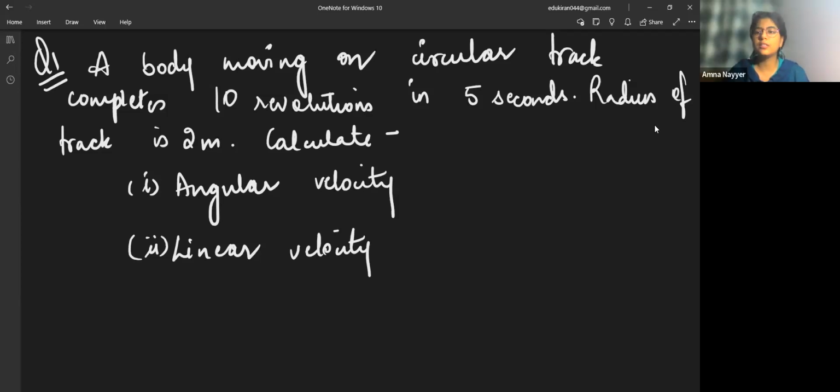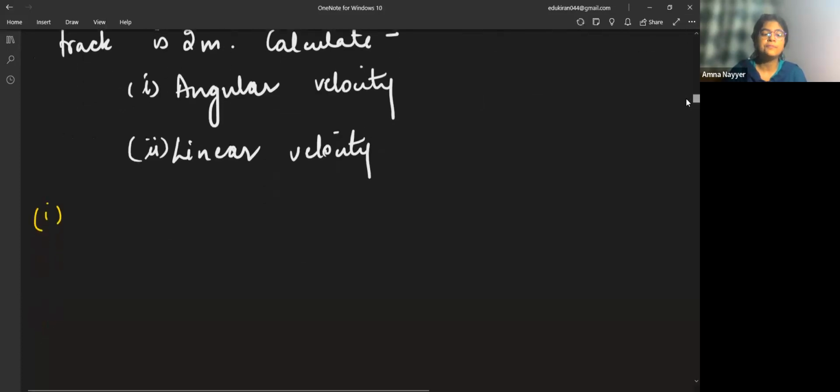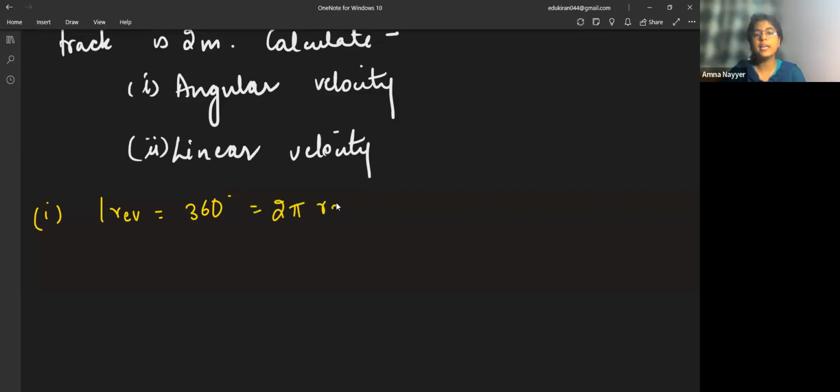Yes, class. This question says, a body moving on a circular track completes 10 revolutions in 5 seconds. The radius of the track is 2 meters. You have to find the angular velocity and linear velocity. Firstly, when you have revolutions written, one revolution is equal to 360 degrees, which is equal to 2 pi radian.